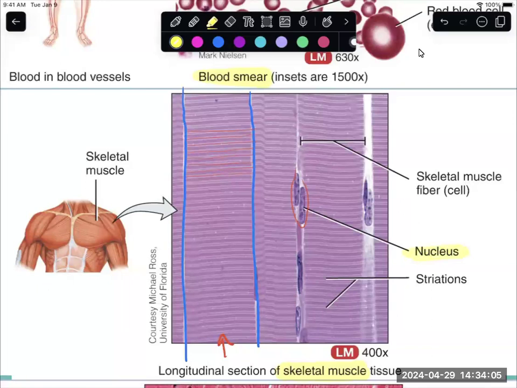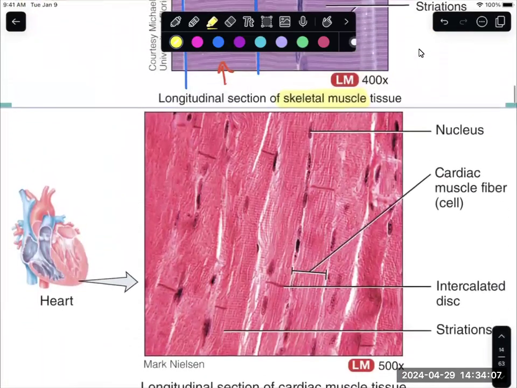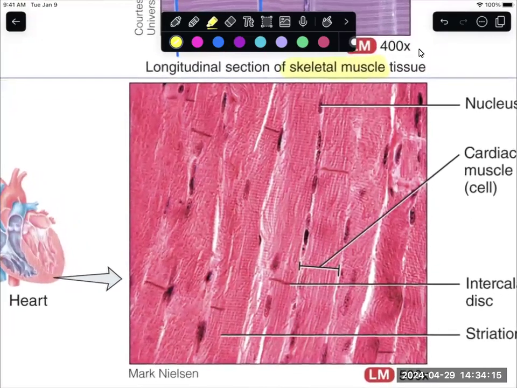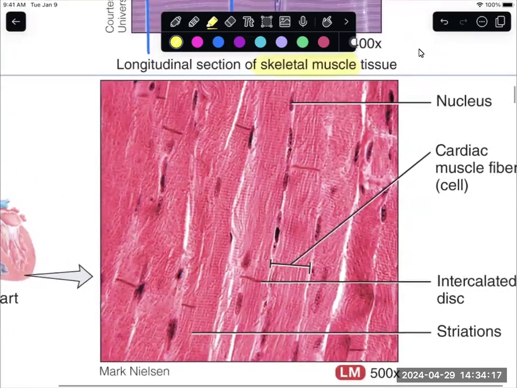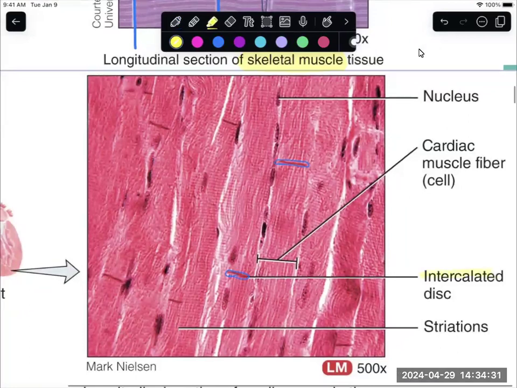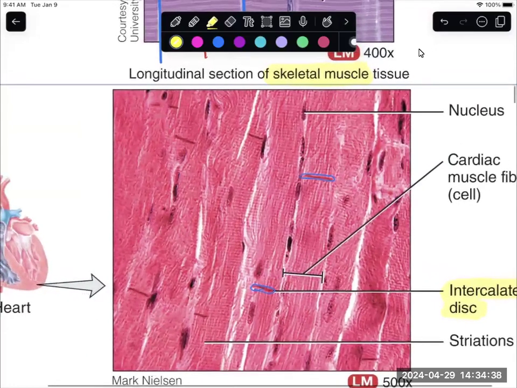I'm trying to point this out because of cardiac muscle. Cardiac muscle still has some of those striations in there. In cardiac muscle, stained blue, we have these dark red lines here. Those dark red lines are known as intercalated discs. You don't necessarily need to know the name of this now. That'll come back in the muscle chapter, but it helps to differentiate.